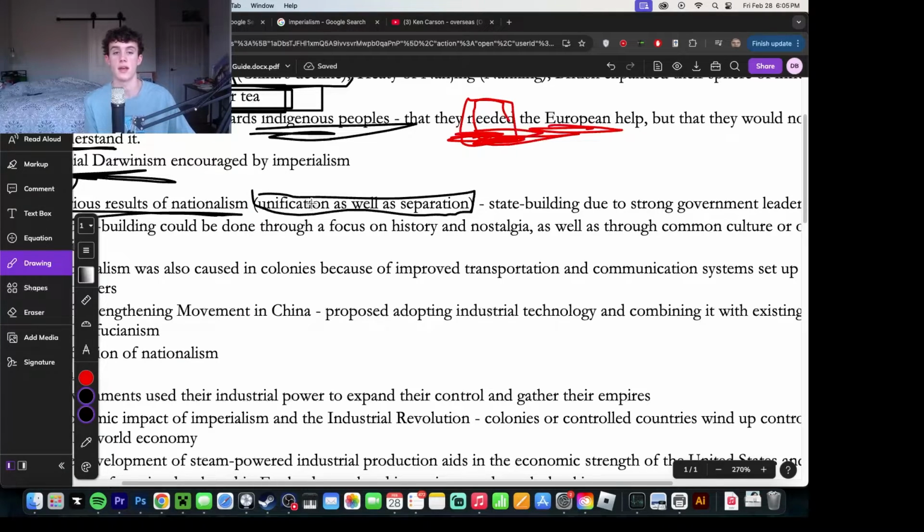For example, when you have something as big as the Ottoman Empire, I mean, it was huge. It was, for lack of a better word, massive. And you have people from all different cultures in the Ottoman Empire. You have Greeks, you have Turkish people. You've got all these people that just don't really blend well together.